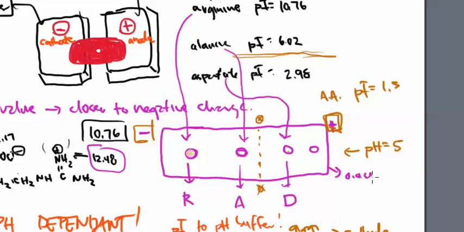So amino acids are colorless. So we've got to have maybe something in place where we will be able to see the amino acids and where they fall. And this requires an indicator. So indicator is going to be very important, and the most common indicator here is ninhydrin.